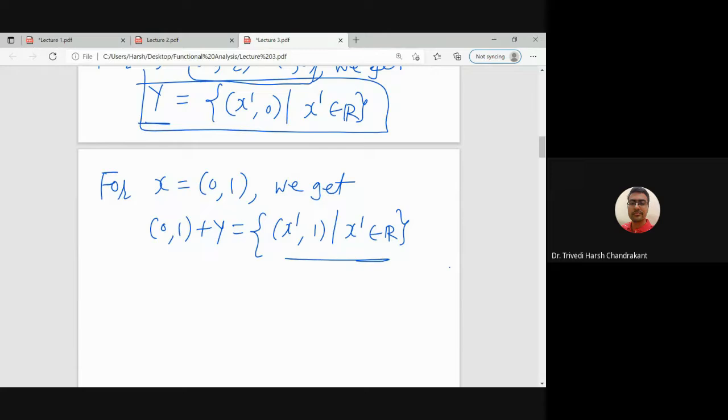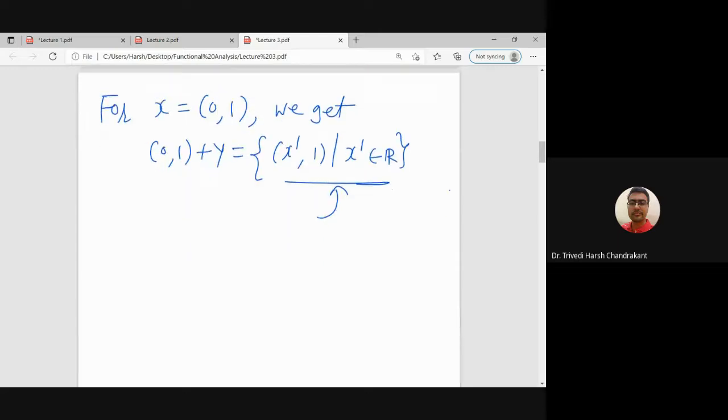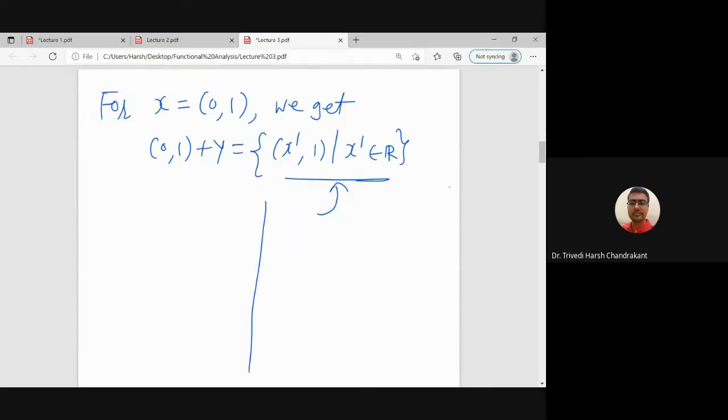What will this set be? So you take all the elements x dash, which is a real number.